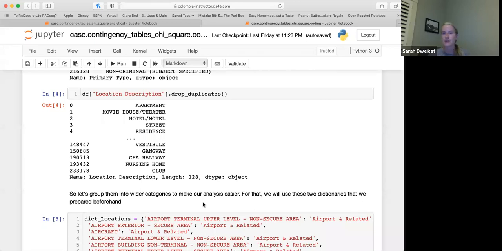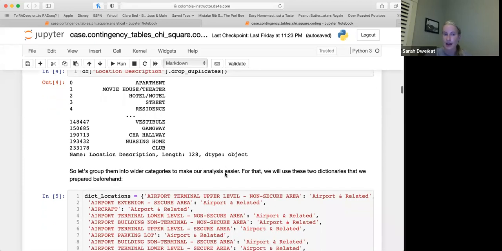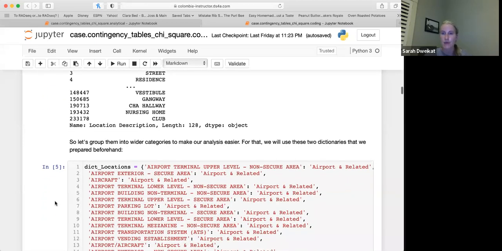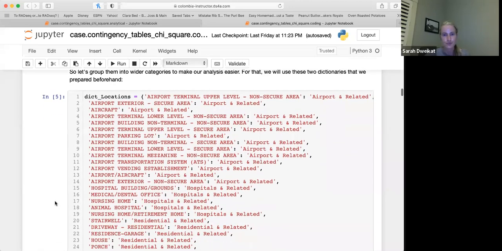We classified things as a residence, and we put a lot of different categories from location into residence and other. Because we have so many of these, that would make a huge table, and we had a lot of zeros. So the way that we classified our data into those wider categories is actually by making a dictionary.